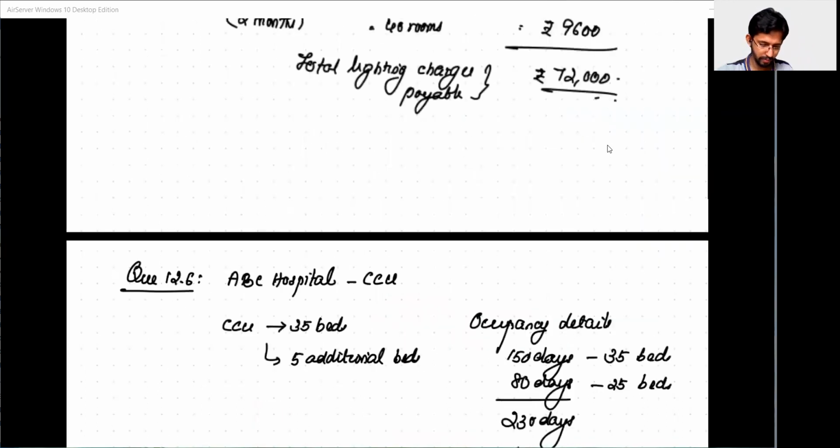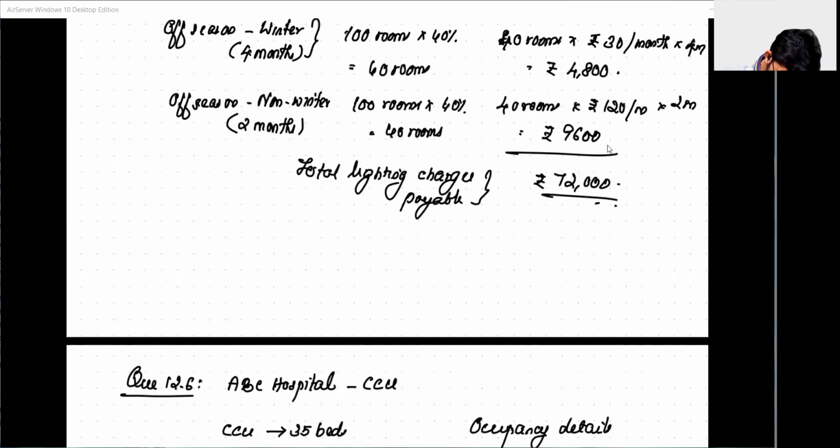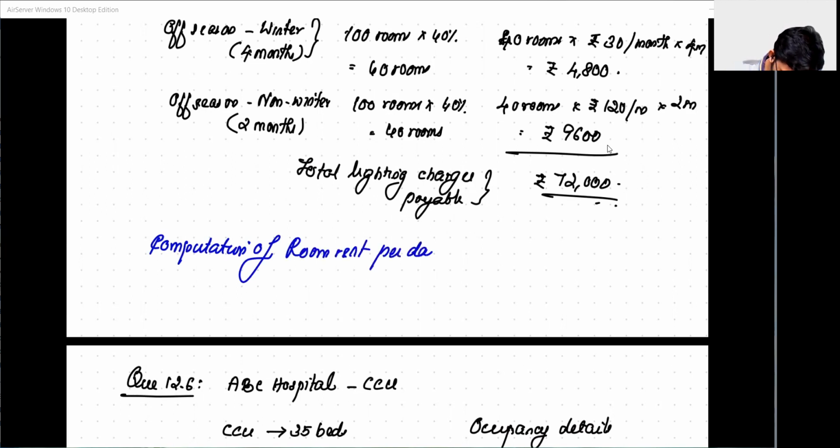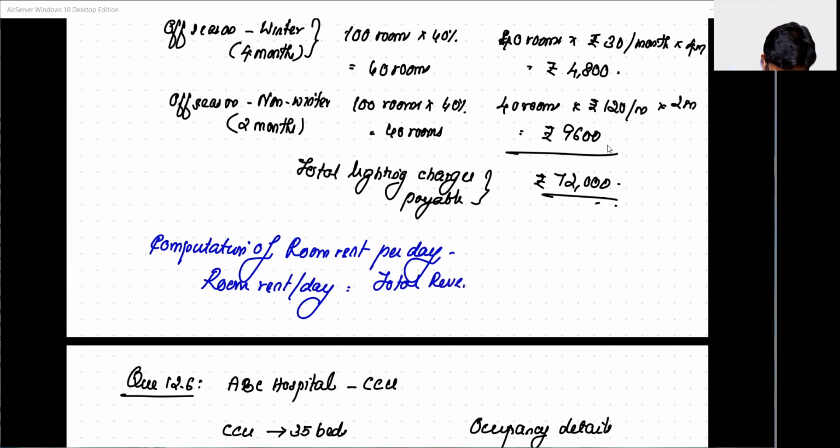Next is computation of room rent per day. How do you compute this room rent per day? Room rent per day is equal to total revenue divided by total number of equivalent room days.